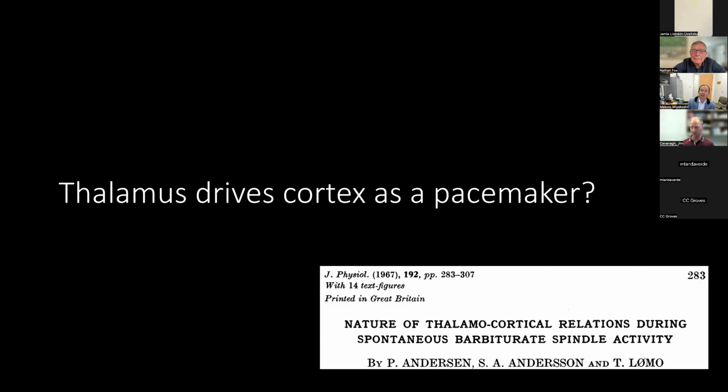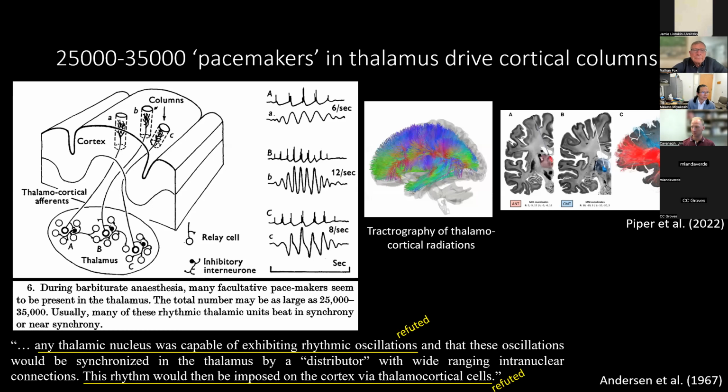And the natural extension of that idea is this Andersen study in 1967. They said that, well, actually, I cited one of the sentences here, which contains two important mistakes, later refuted. The first one is that they said any thalamic nucleus was capable of exhibiting rhythmic oscillations. This was not true, actually.